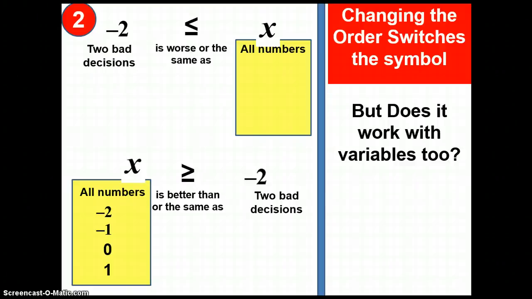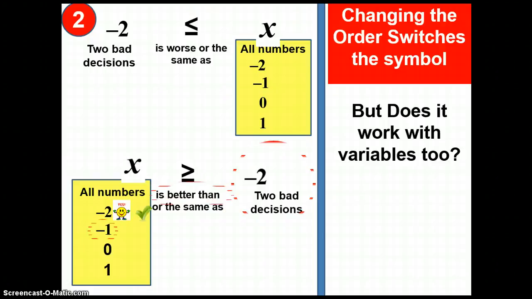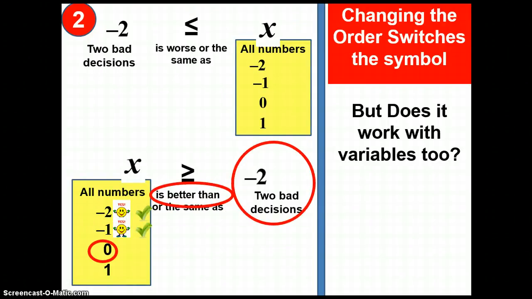So let's go ahead and see. -2 is the same as -2. -1 is better than -2. Making no decisions is better than 2 bad decisions. And definitely 1 good decision is better than 2 bad decisions.